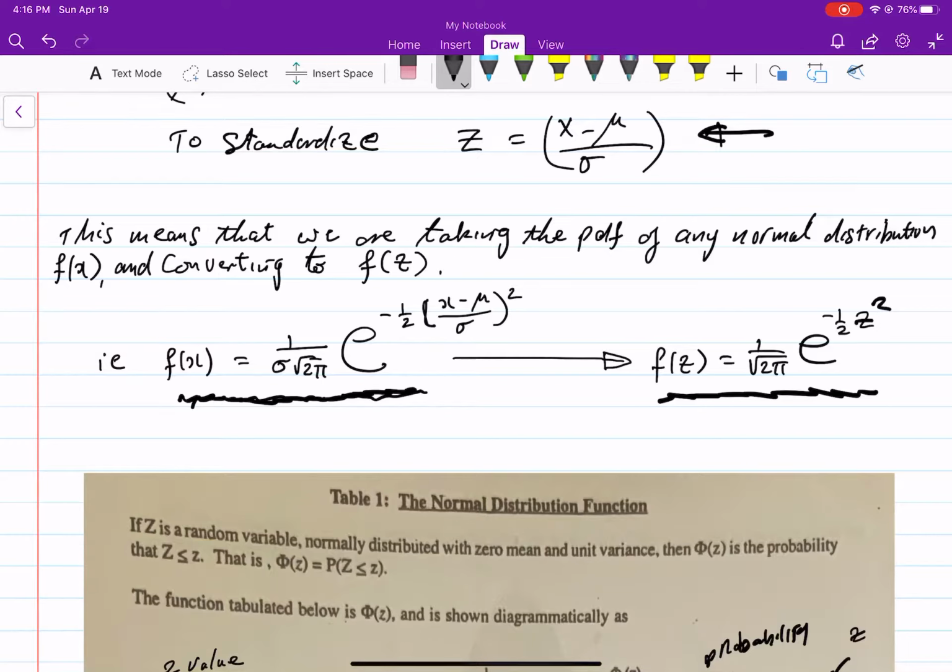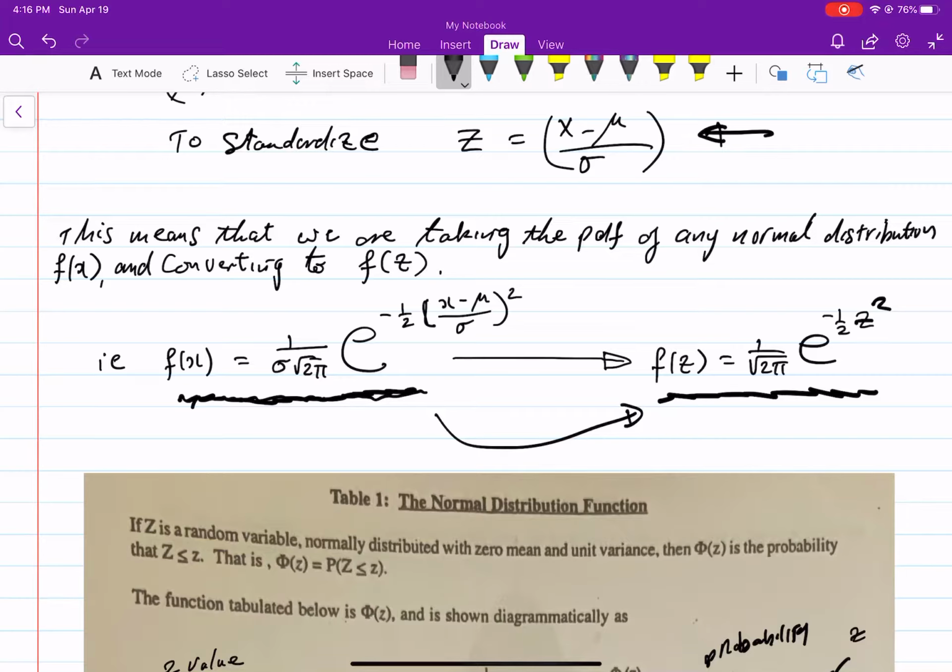If everywhere you see x minus mu over sigma, you replace it with z, and you replace sigma with 1 and mu with 0, then this function becomes this function. Again, don't worry so much about the mathematics for this course.